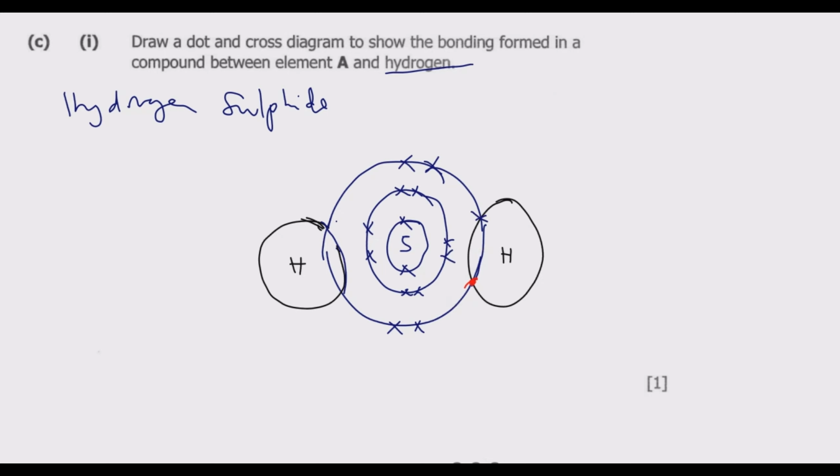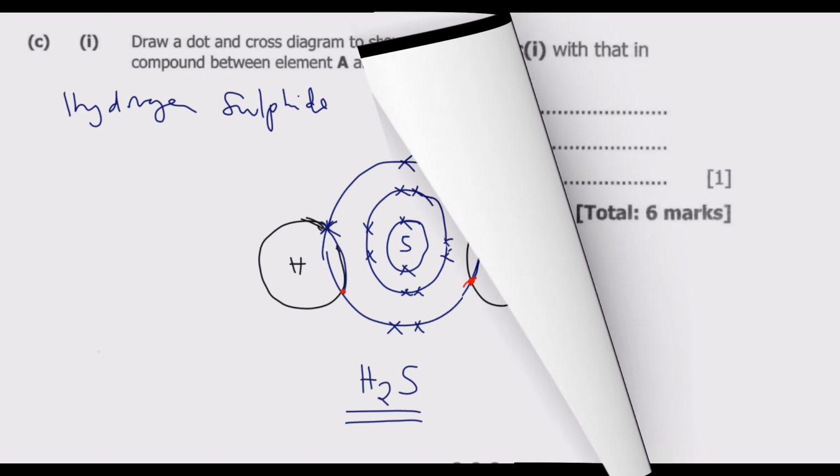Then also the dot here. These are from sulfur. Then they form a bond, such that we have 2 hydrogen and 1 sulfur, to give us hydrogen sulfide. This will be the bond which will be formed.